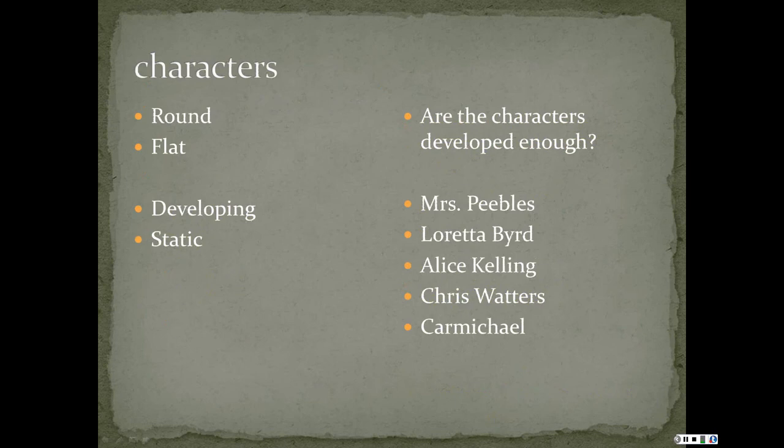One of the things we do when we evaluate a story is we look at whether or not characters are round or flat, whether they're developing or static, and whether or not they are developed enough to make the point they need to in the story or to contribute in a particular way. And in this story, the characters are developed enough for us to understand what they mean.